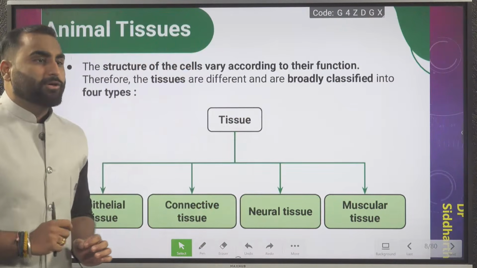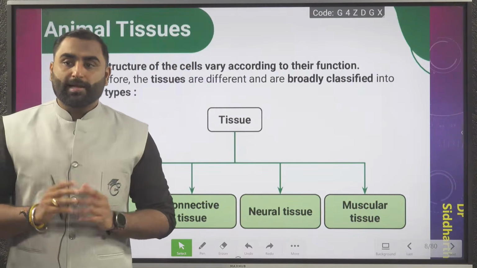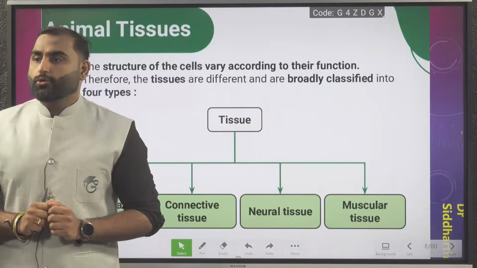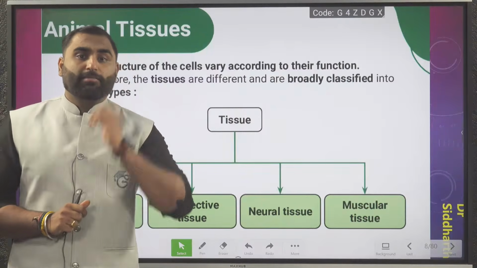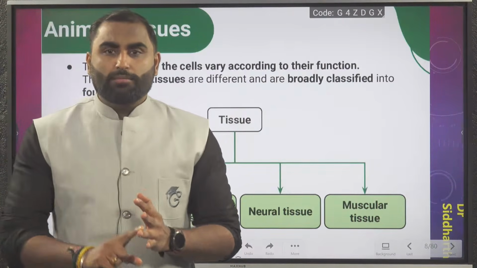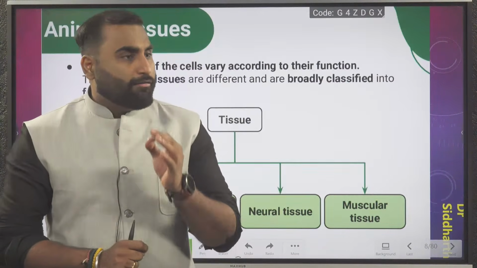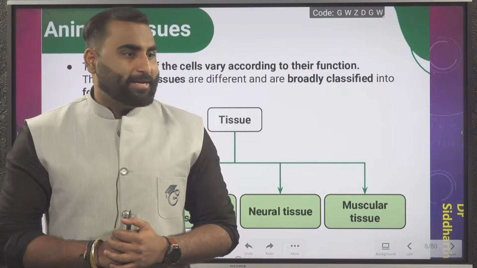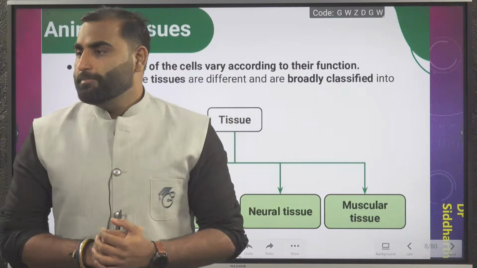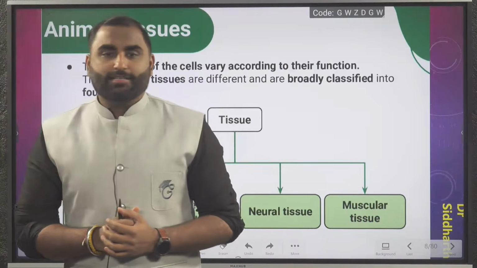If I ask you, epithelial tissue is derived from which germ layer? What will be your answer? Ectoderm, endoderm, mesoderm, or all of them are responsible for the epithelial tissue? Tell me quickly. Yes, very good. Zoom and YouTube people are giving answers.